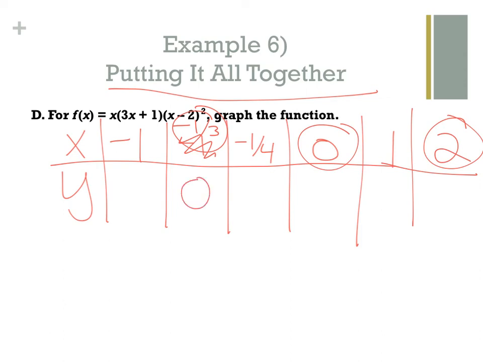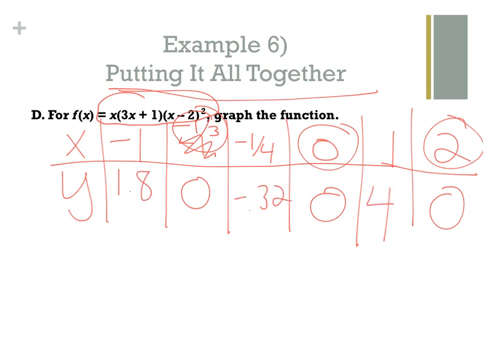So for my zeros, I can just fill in 0 for the y coordinate, because anytime we cross the x-axis or have a 0 of a function, our y coordinate is 0. And then I found the y coordinates using Desmos. When I insert -1, +1, and -1/4 into this function, I found the y coordinates. And those y coordinates were 1.8, -0.32, and 4.